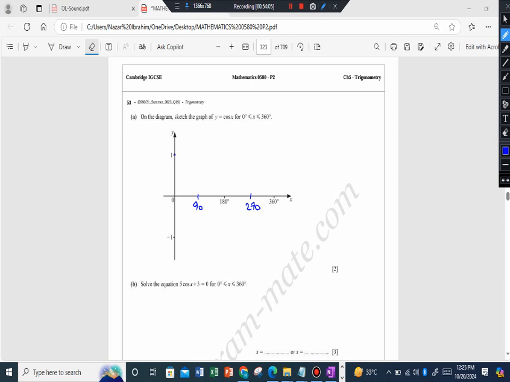And cos 90 is equal to 0, cos 180 is equal to minus 1, 270 again 0, and 360 again 1. So it starts like this, and it goes on like this.